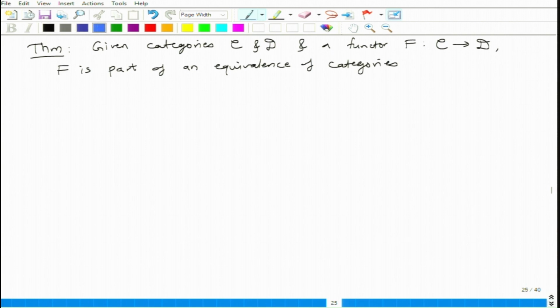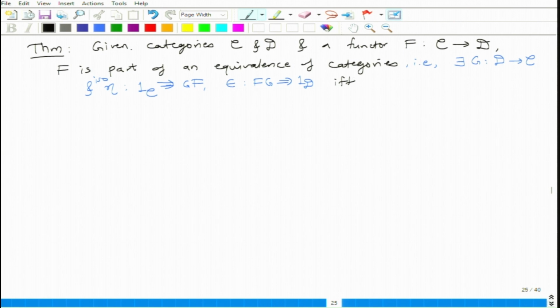I am going to write its explanation, i.e., there exists G from D to C and isomorphisms eta from 1_C to GF, and epsilon. This data is suppressed at the moment. This data exists for a given F if and only if. Okay, sorry, I should add something.